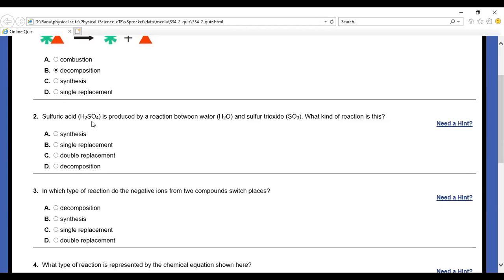So what kind of reaction is it? Double replacement? No. Simply look with me carefully. You said we have two reactants. H2O is going to react with SO3. Finally, they are going to produce H2SO4, yes?